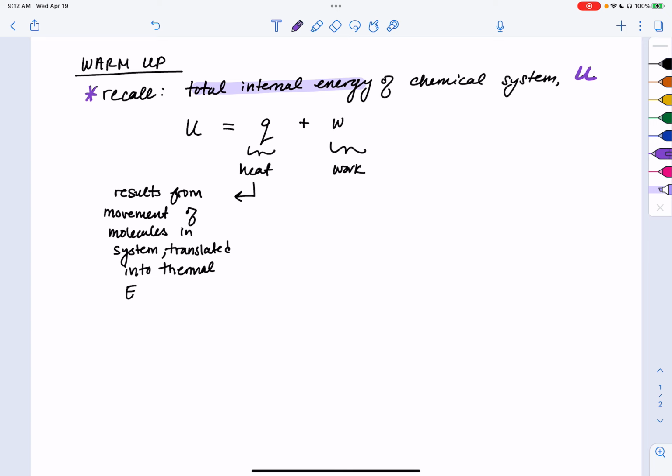And again, thermal energy is something that we quantify, calculate, or express as some kind of temperature.